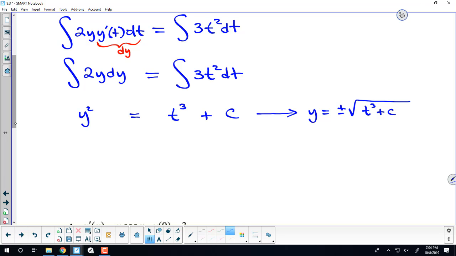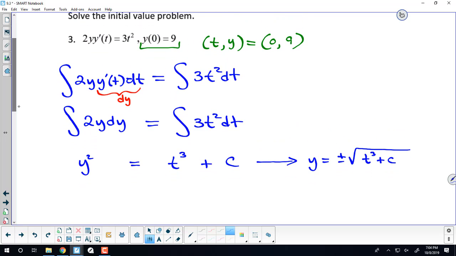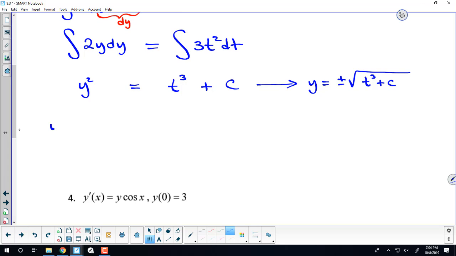The initial value. Right, so if we go up to the initial condition, where t is 0 and y is 9, that tells us that we're only dealing with the positive root, because the y value 9 is positive, and there's no way to get that out of a negative square root. So y is just the square root of t cubed plus c.